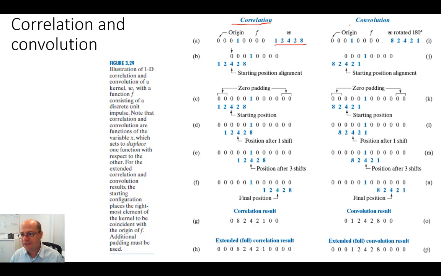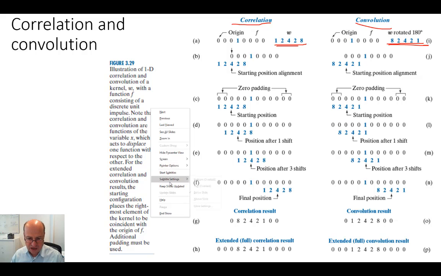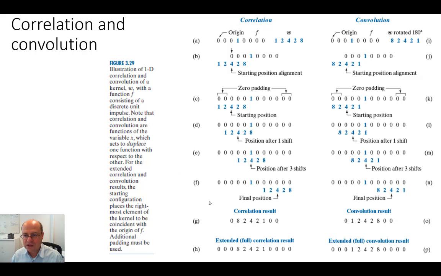When I apply the sum of products with the kernel rotated 180 degrees, this is called convolution. Here I have 1, 2, 4, 2, 8, whereas the rotated kernel will be 8, 2, 4, 2, 1. That's the only difference, and we're going to see that this difference is quite important for mathematical reasons.